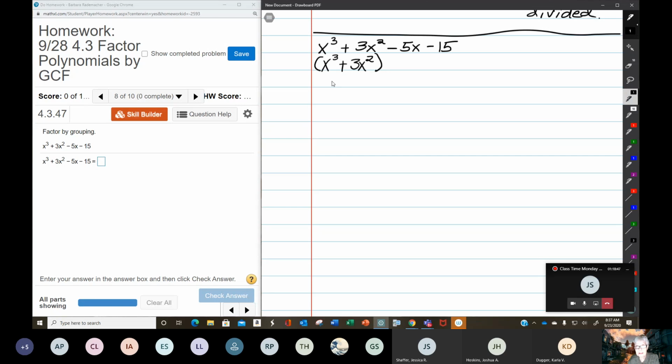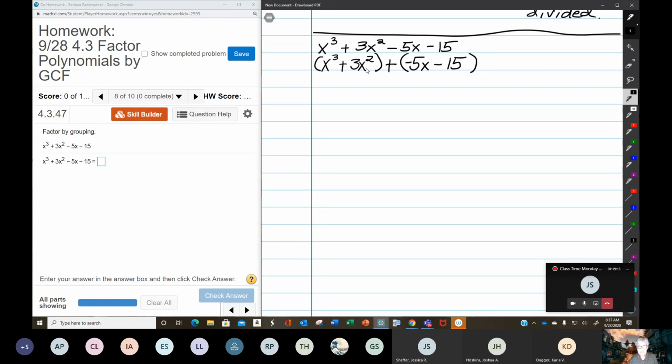And watch this. I write a plus sign. And then in the second 2 terms, I write negative 5x minus 15. And now I'm ready to factor by grouping.